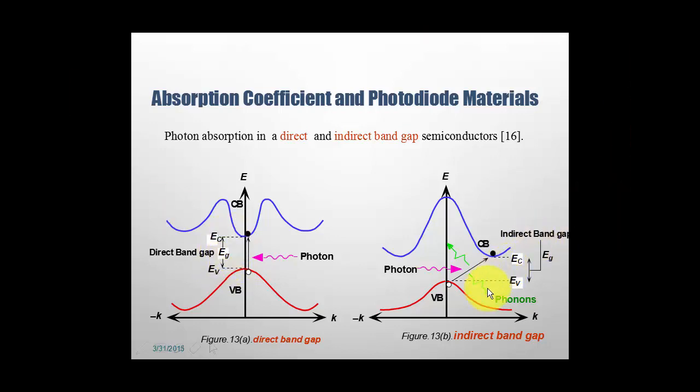And for the indirect band gap, the electron will move from the valence band to the conduction band, but release a phonon, which is a loss of energy.